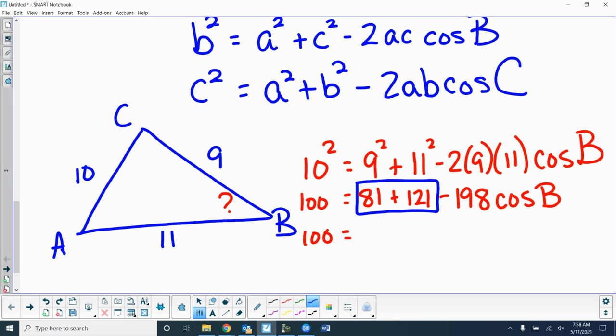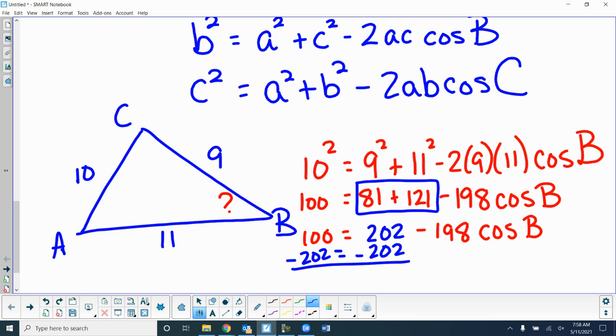All right. Which is what? 202. Did I add that right? Do not subtract 198 from the 202 because the 198 is being multiplied. So what I have to do is subtract the 202 to the other side. So we get 100 minus 202, which is a negative 102, and then negative 198 times the cosine of b.